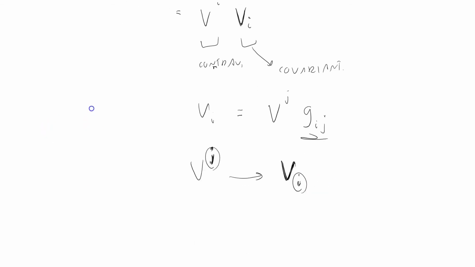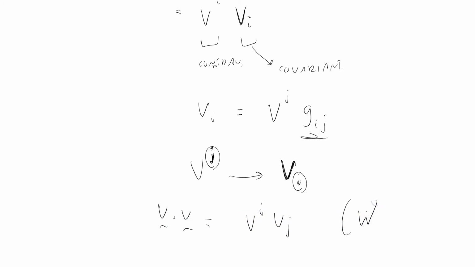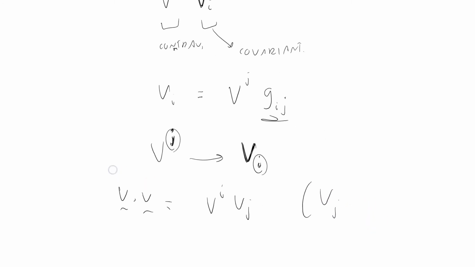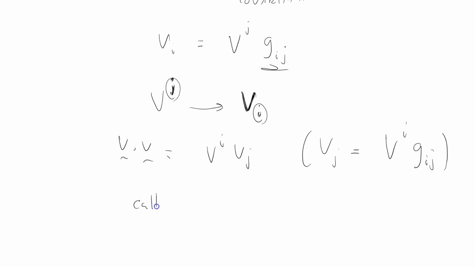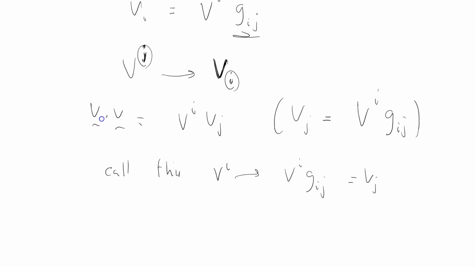But what we can do is calculate v dot v equals v^i v_i, where we understand, oops, I meant to write j, that v_i equals v^j g_ij. And we call this, which is v^j goes to v^j g_ij equals v_i, we call this process lowering an index.